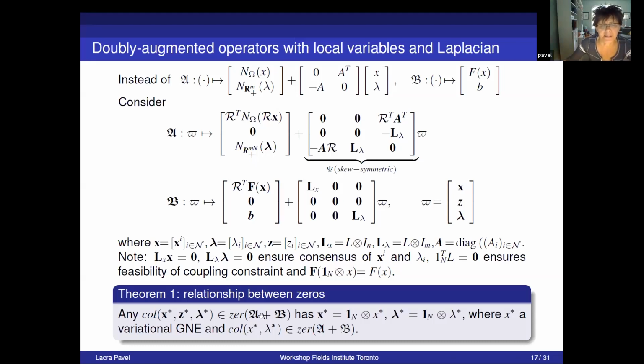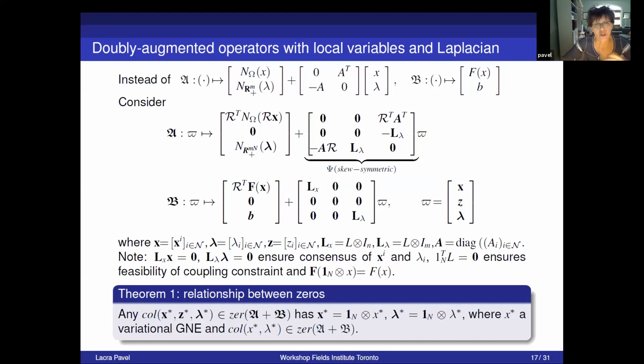But the first result in this theory is that with these doubly augmented operators, the zeros that one gets are essentially on the consensus space, where all of the primal variables are equal, all of the dual variables are equal, and moreover, where this X star and lambda star correspond to a variational GNE pair. Yeah. So this is the first important result.